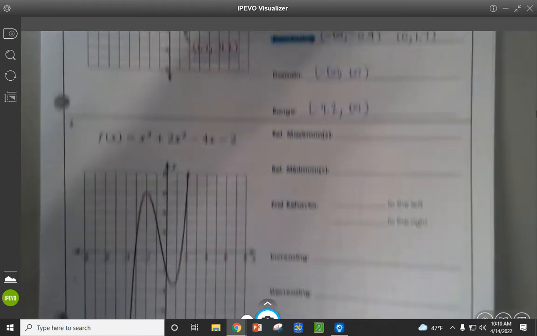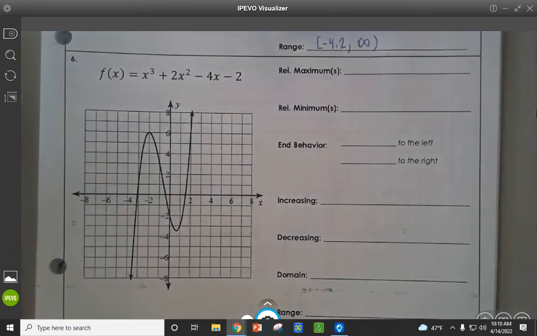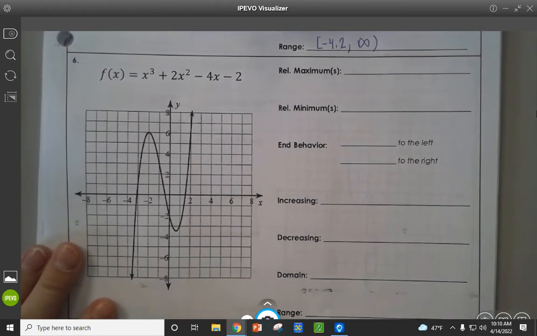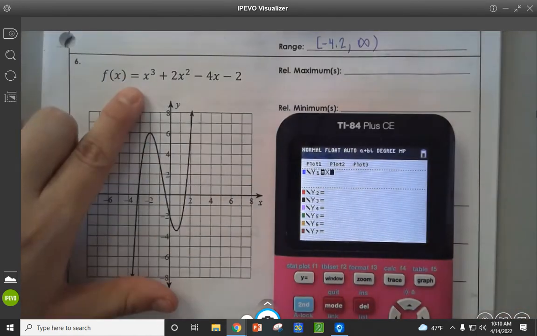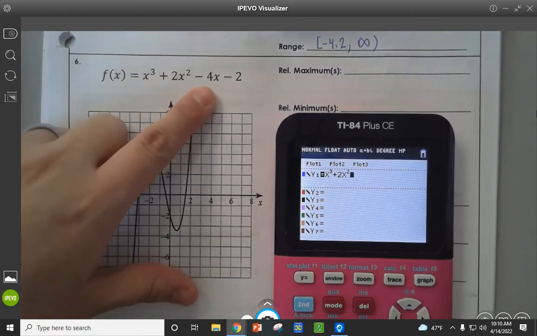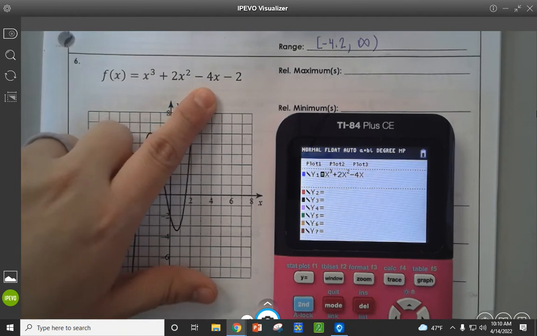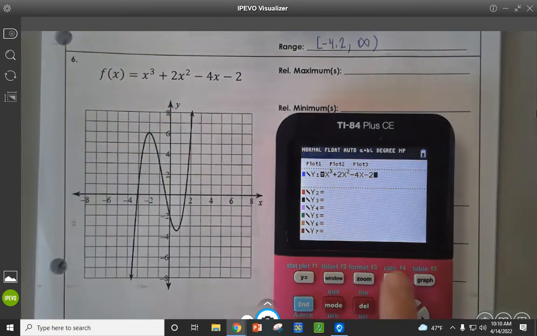Let's move on to number 6. x cubed plus 2x squared minus 4x minus 2.